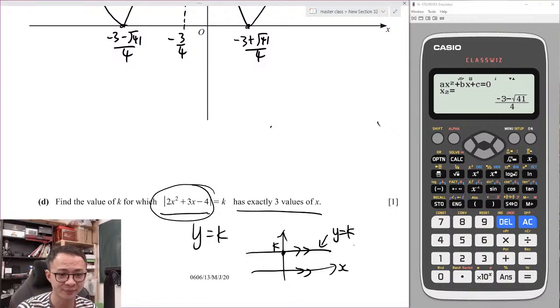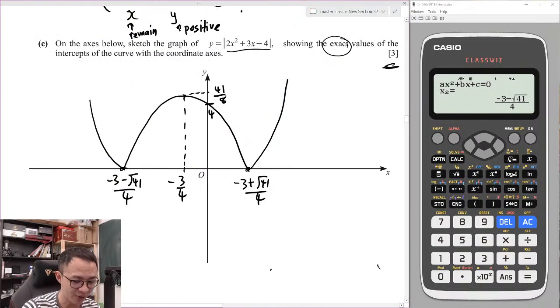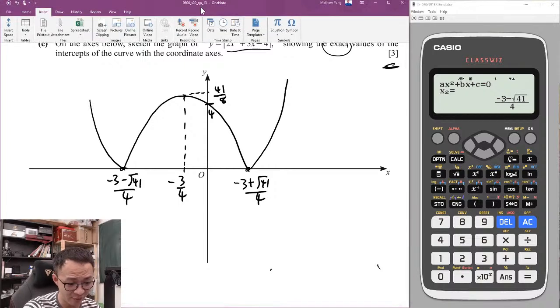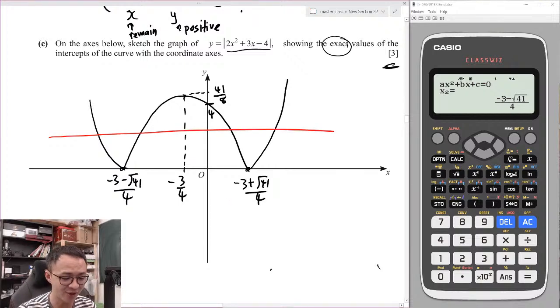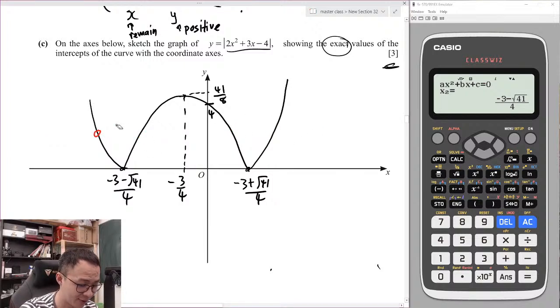Obviously, if I just randomly draw a line here, you see how many solutions I have? 1, 2, 3, 4, which cannot be, because the question says you need to only touch 3 points. So this line is not the answer they want, so I will cancel it out.